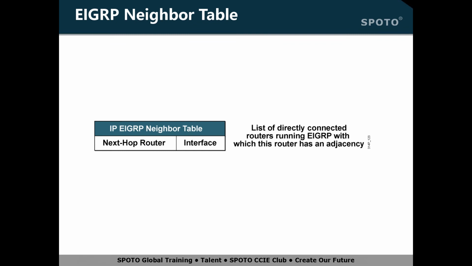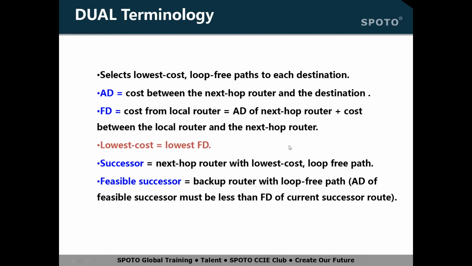These are what we call the relations for the directly connected routers running EIGRP. And here is some terminology. AD here is called administrative distance, while FD is the feasible distance. When you're watching this video, you can just pause for a second and read the definitions, so I will skip this. Let's move on.